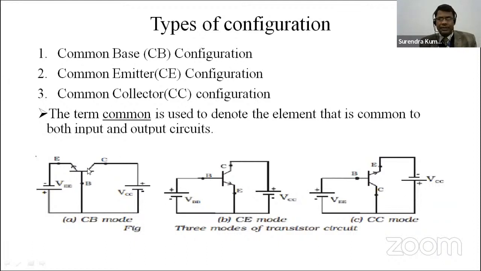I want to repeat this once again, because it is very, very important to know which terminal can be used as input and which as output. So I repeat, emitter can be used as input as well as output. Base can only be used as input in the circuit, and collector can be used as output. So only the emitter is the terminal that can be used for input as well as output.